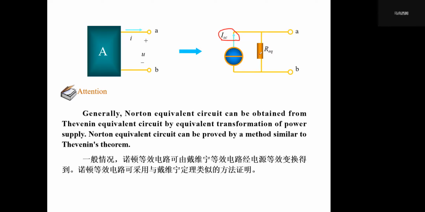Using the proof of the Thevenin system, we can transform a linear system like this into a Thevenin system, and we can transform the Thevenin system into a Norton system using the transformation of the sources. So it's not very complex to achieve this.